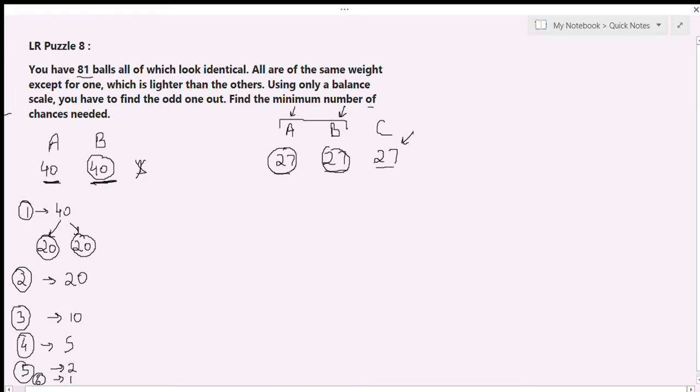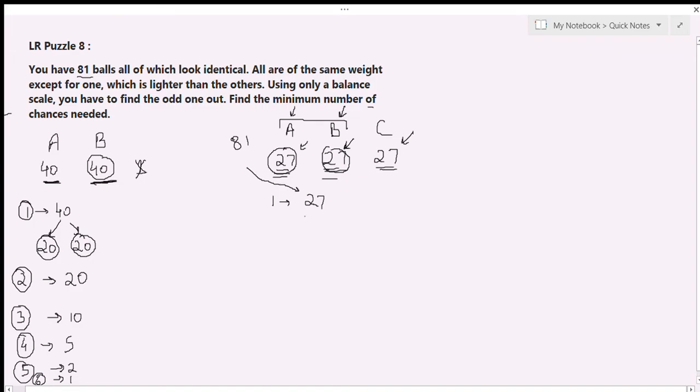There could be another scenario that these two are not equal. If they are not equal, then we'll get to know which side is lighter, and the lighter ball will be in that particular group of 27 balls. So after the first attempt itself, there will be 27 balls left, whichever group it is. So from 81, we have dropped to 1/3.